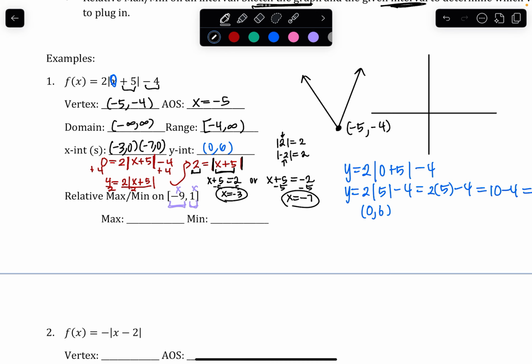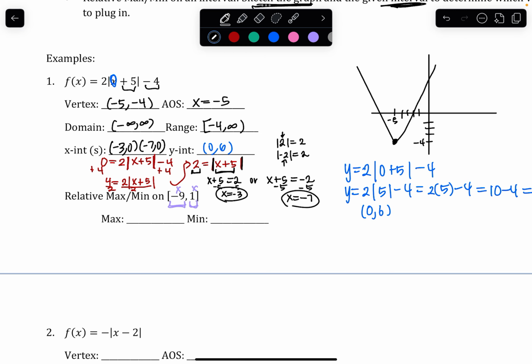So just sketch some axes, and then negative 5, negative 4 is the vertex. So 1, 2, 3, 4, 5. There's negative 5. 1, 2, 3, 4. There's the vertex. And we know it's opening up.